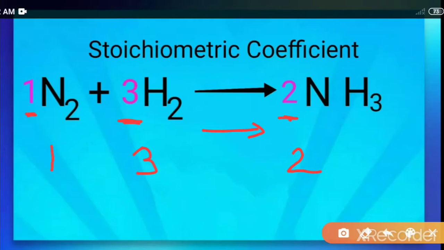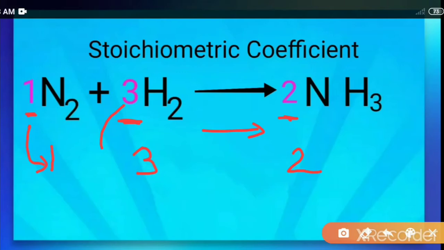So how do you find the stoichiometric coefficient? Write a chemical equation, balance it, and after balancing it, whatever number comes before each substance is the stoichiometric coefficient. Here for nitrogen, only one molecule is there, therefore the stoichiometric coefficient is 1.